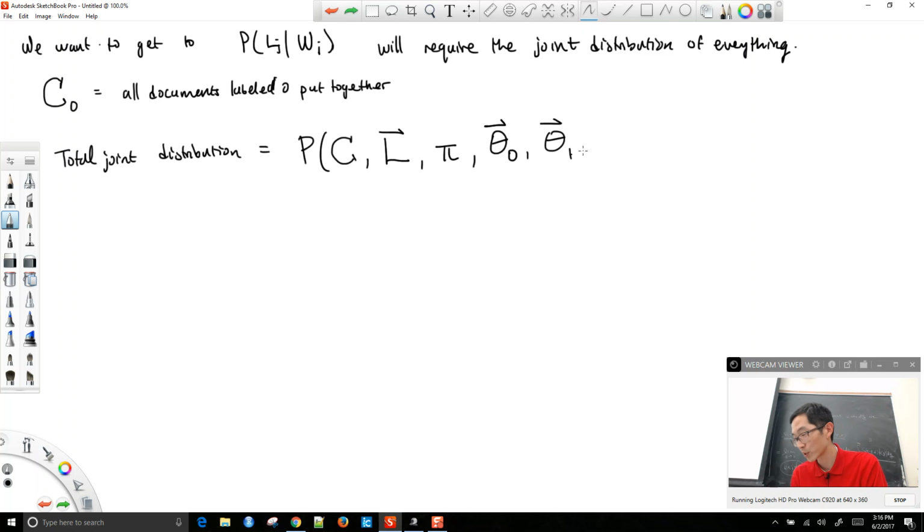The notes use a semicolon, but I think a vertical bar is fine for given. These are based on the hyperparameter for pi and the hyperparameter for theta.